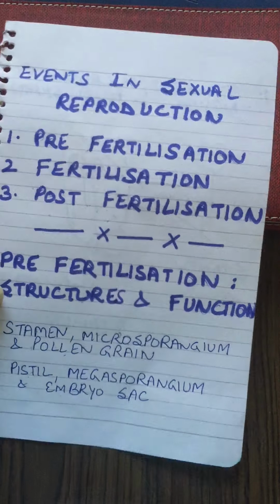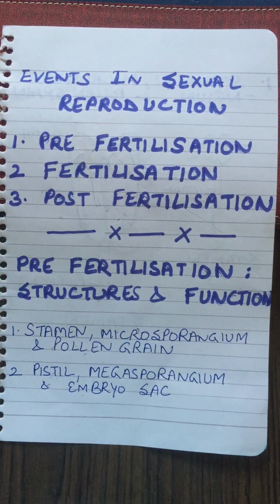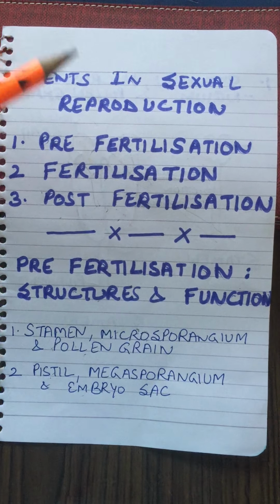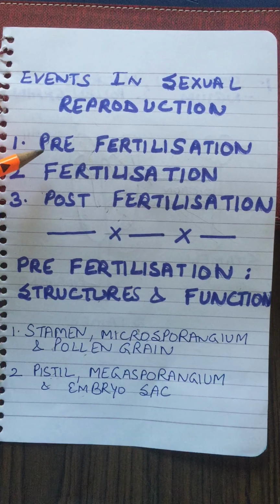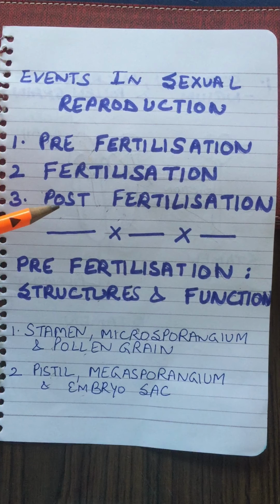Now in this chapter we are to take up events in sexual reproduction. As in all organisms, the events in sexual reproduction are common, and these events are pre-fertilization events, fertilization events and post-fertilization events.